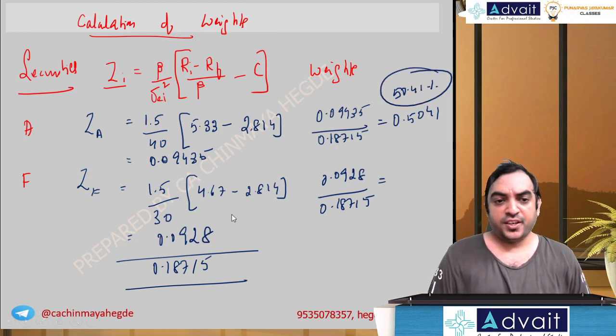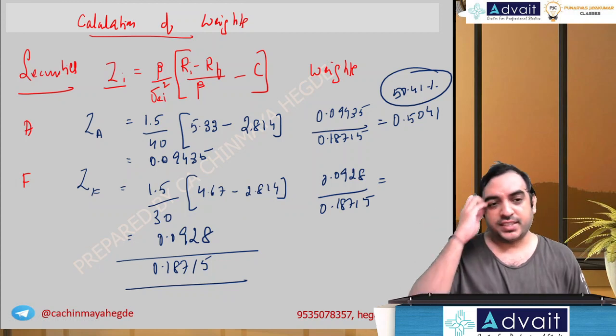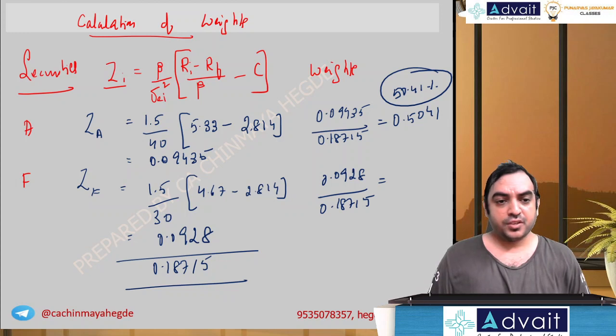And 0.0928 divided by 0.18715, the remaining, you get basically 0.4959.